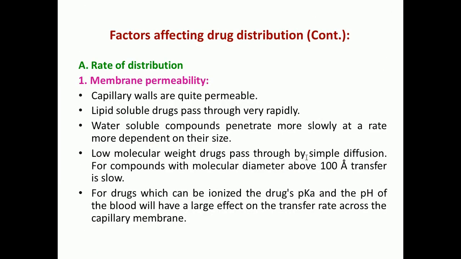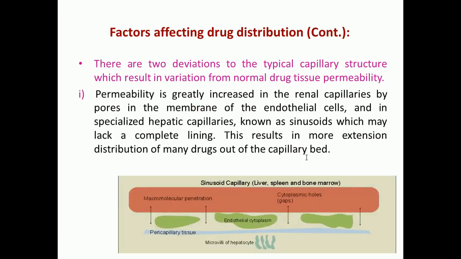Again, membrane permeability: what we just saw is a sinusoidal capillary, in the liver, spleen, bone marrow. There are larger gaps. The structure of the capillary is made up of endothelial cells, and those endothelial cells are held by a basement membrane, and there are large holes or pores within that basement membrane.